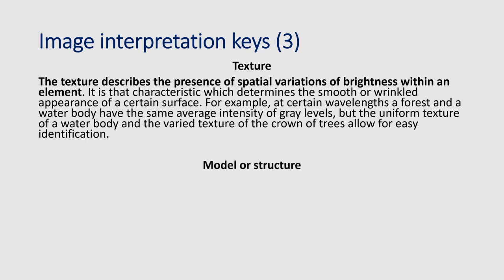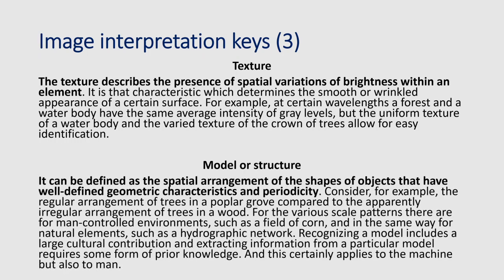Then the model or structure. The model or structure can be defined as the spatial arrangement of the shapes of objects that have well-defined geometric characteristics and periodicity. Consider, for example, the regular arrangement of trees in a poplar grove compared to the apparently irregular arrangement of trees in a wood.